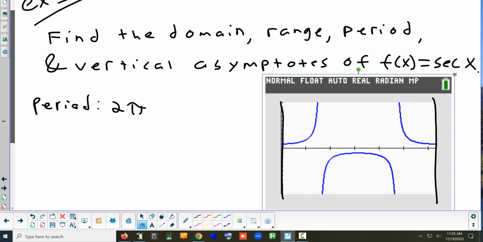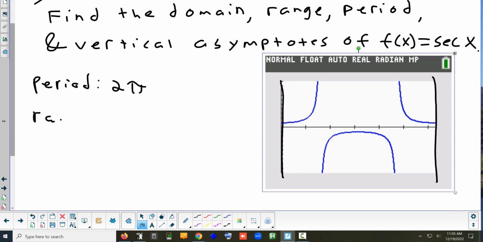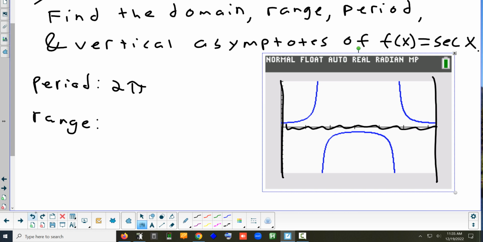Okay, let's do the range. To find the range, we know that there's a gap in the middle. We would need to figure out how low the U shape goes, and then how high the N shape goes. But I think we already kind of talked about that.